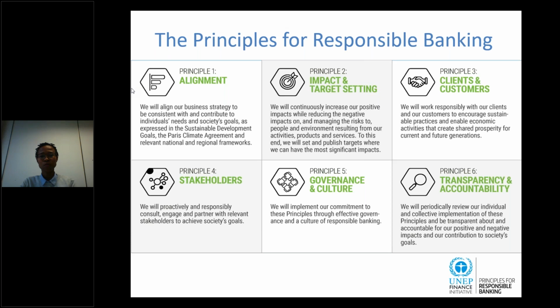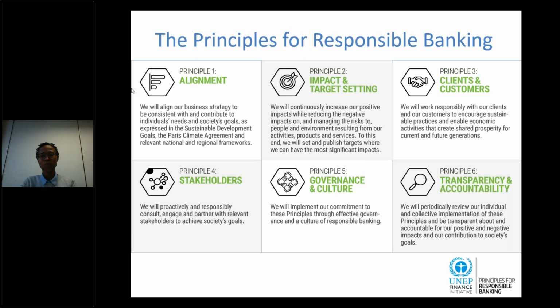The third principle implies that signatories will work responsibly with our clients and our customers to encourage sustainable practices and enable economic activities that create shared prosperity for current and future generations.